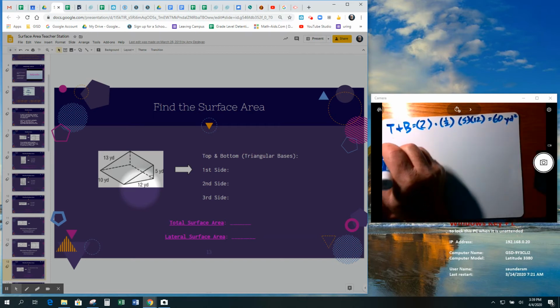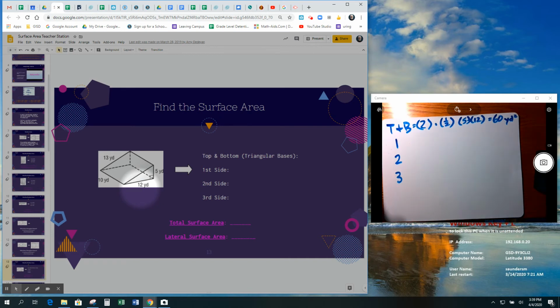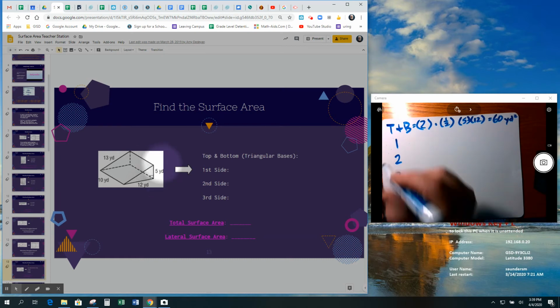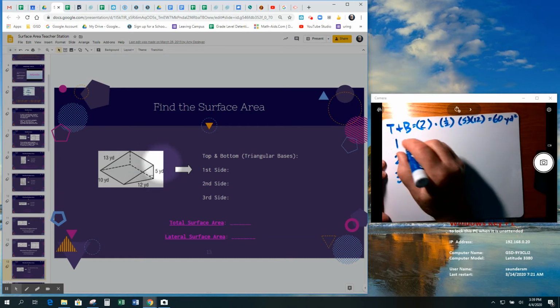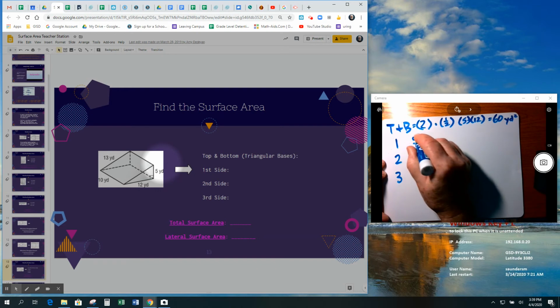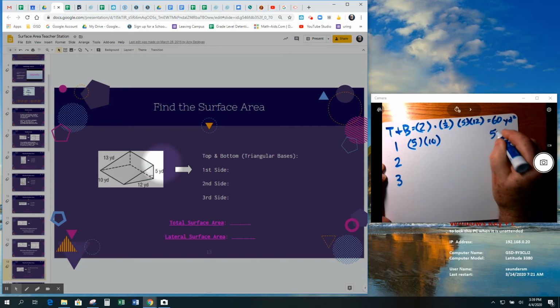Okay, now I have side 1, and you can count them in any order that you want. I'm going to take, first of all, this back rectangle that goes here. It is 10 yards long and 5 yards high. So it's a rectangle, and there's only one of them, so it's 5 times 10, and that is 50 square yards.